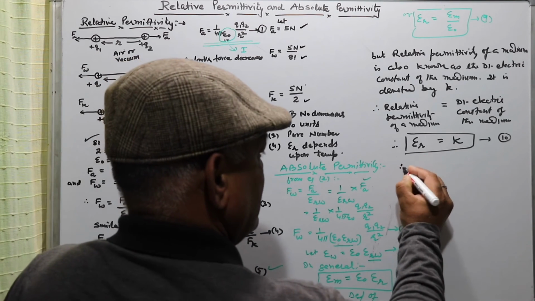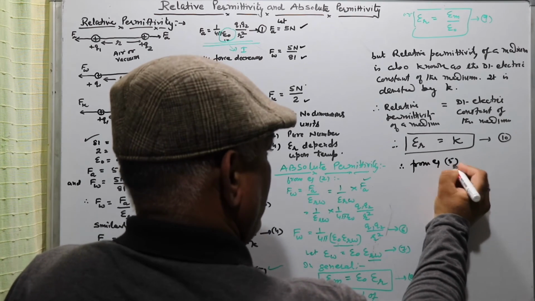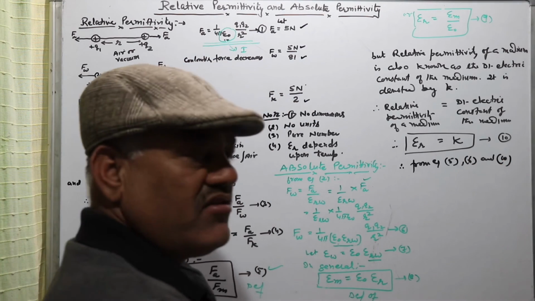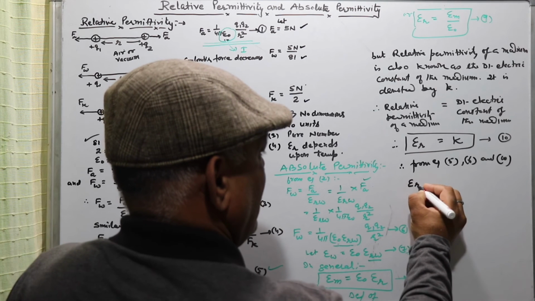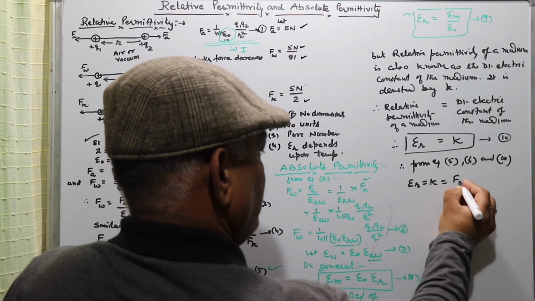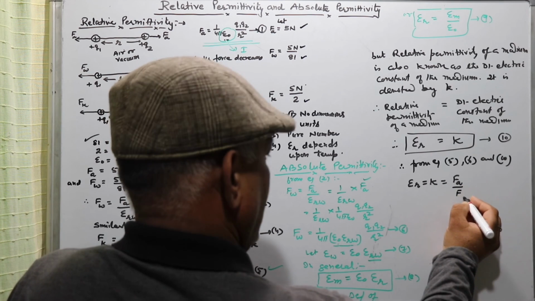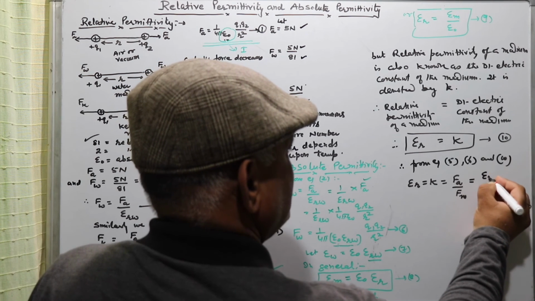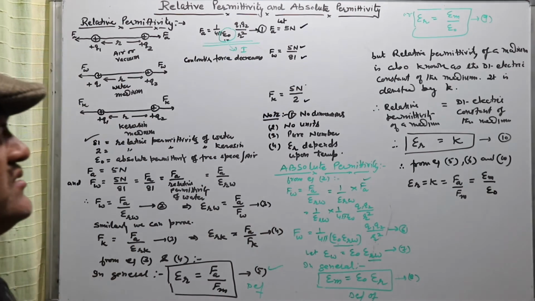Therefore, from equation 5, 6 and 10 we can write that epsilon r is equal to K is equal to F naught upon Fm is equal to epsilon m upon epsilon naught.